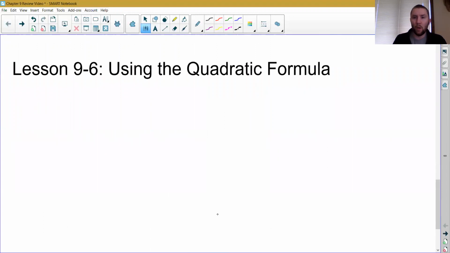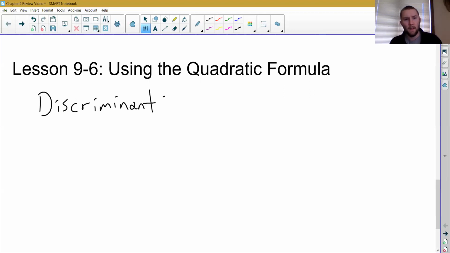In the section about the quadratic formula, we also talked about something called the discriminant. Just as a reminder, the discriminant for a quadratic equation is b squared minus 4 times a times c.